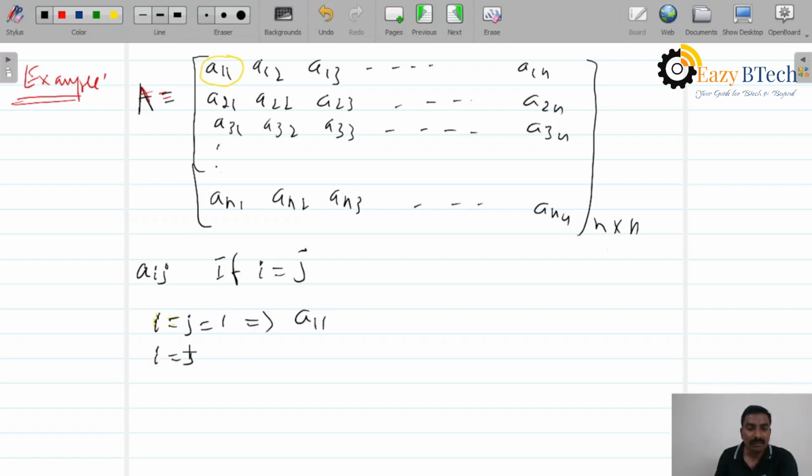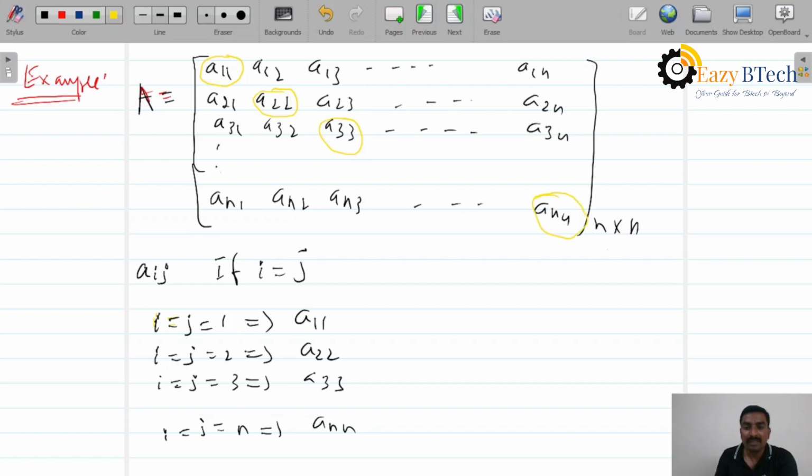And i equals j equals 2 means A22. And i equals j equals 3 means A33. Similarly, up to the last, i equals j equals n means Ann. These are all the elements called principal diagonal elements.